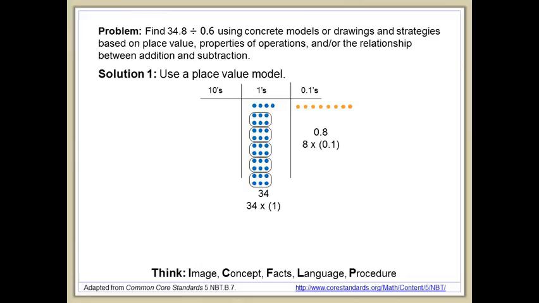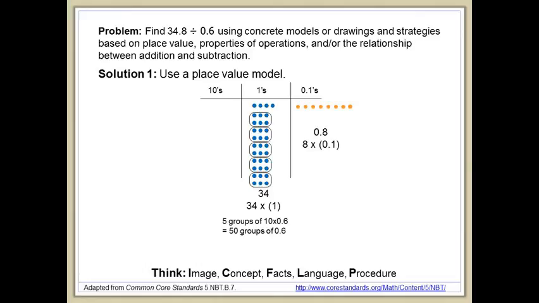But remember that each one of these is 10 0.1s. So this is really 10 times 0.6. Each of these groups has 10 times 0.6, and we have 5 of those groups. So really we have 50 groups of 0.6 instead of just 5 groups of 0.6, because each of these ones, again, is 10 0.1s. So we have 50 in there.